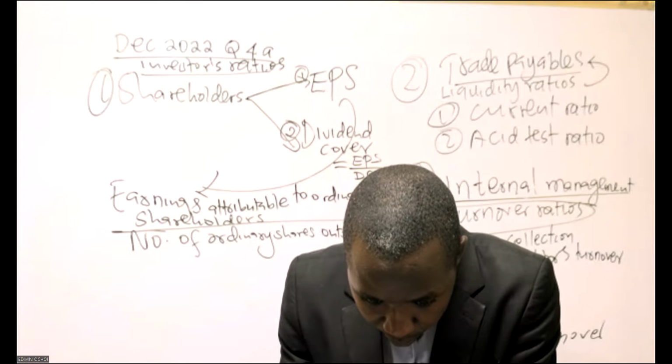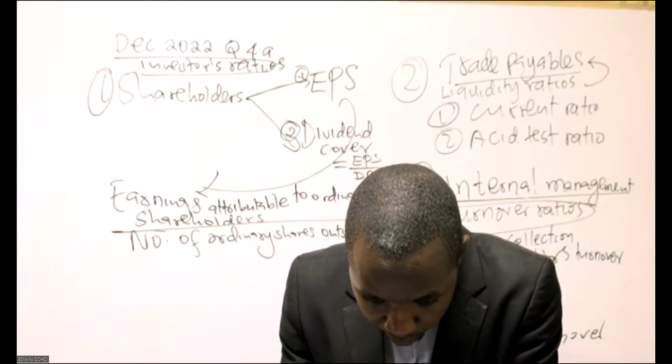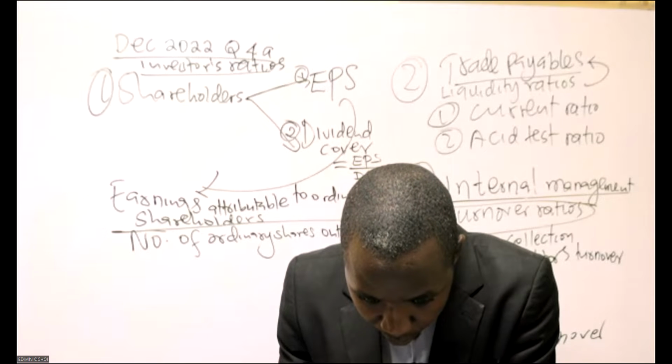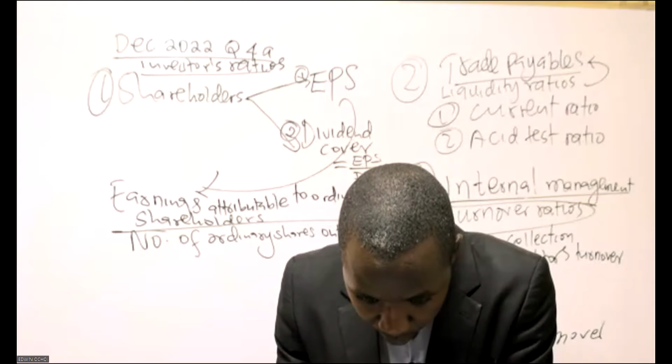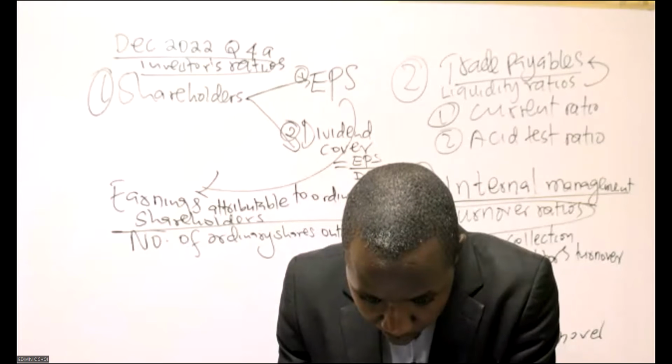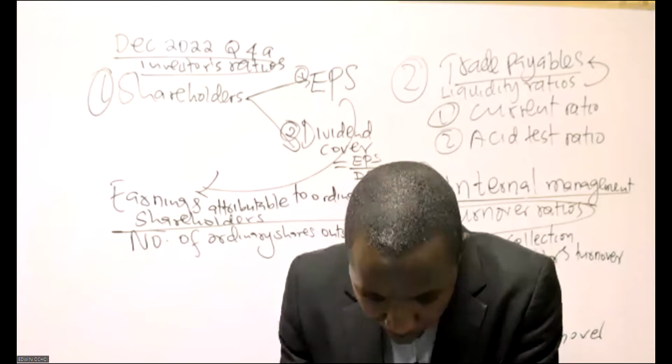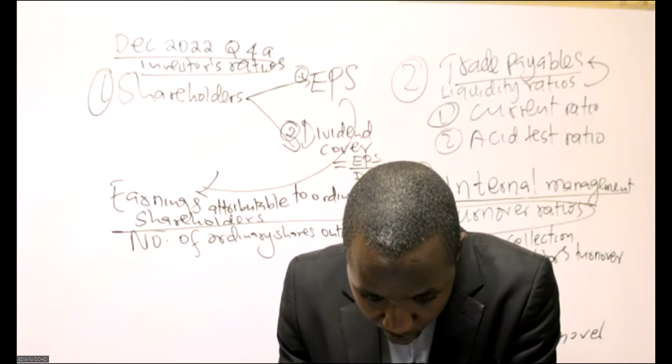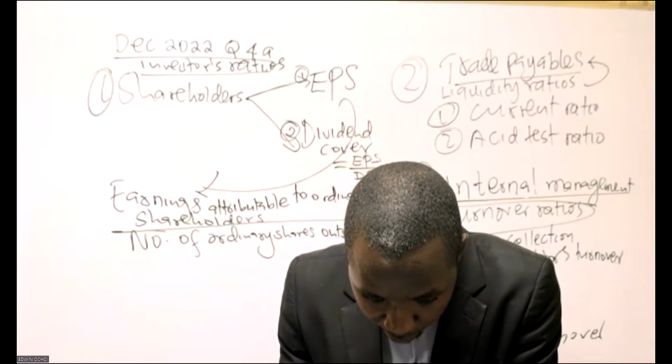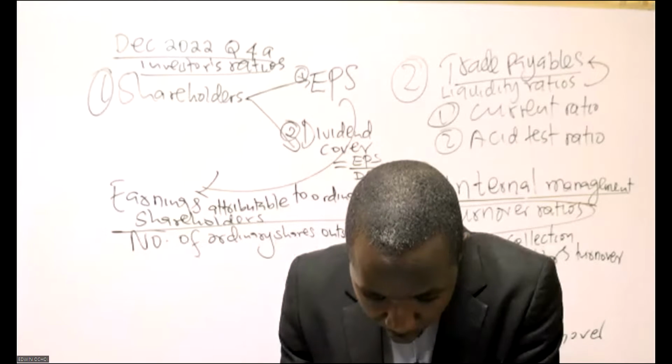I was checking the notes you gave out yesterday, but I didn't see that part of stock market. I tend to think that this EPS is coming from that area. I've checked throughout the notes, I can't see it anywhere. Other than those notes, there's no other notes you have for ratios.